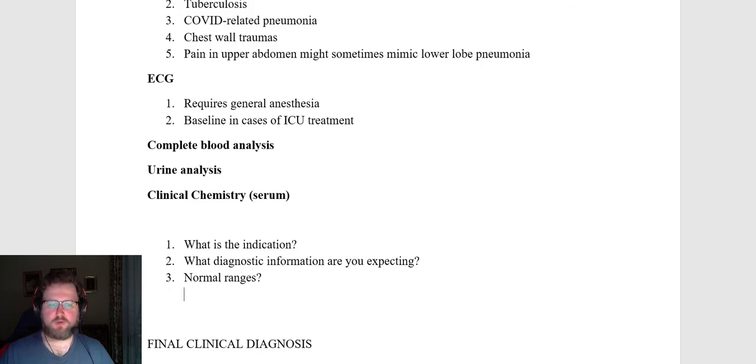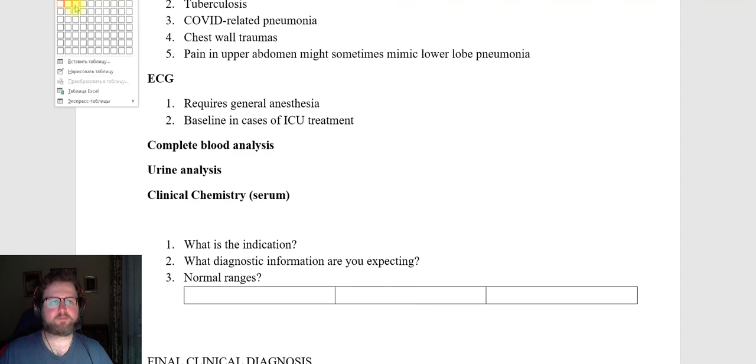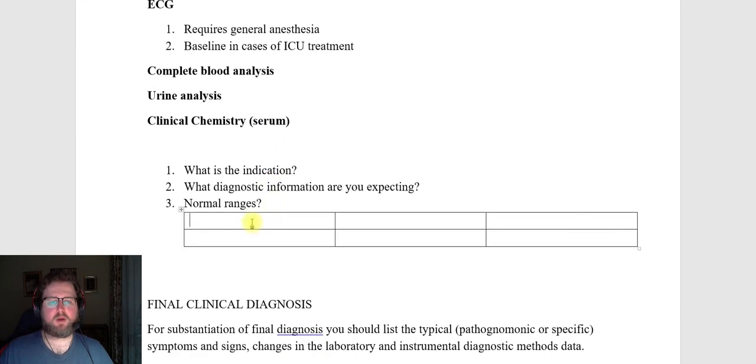So what I want you to do, you draw a table if we're talking about blood analysis.